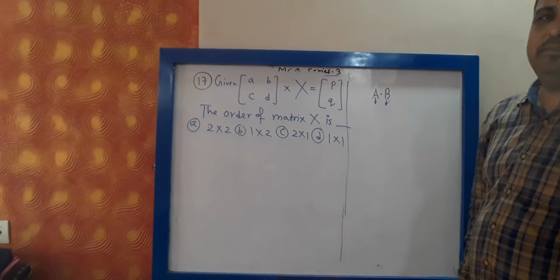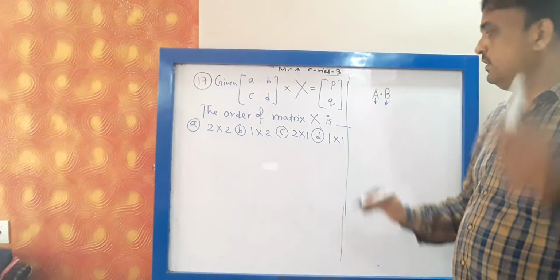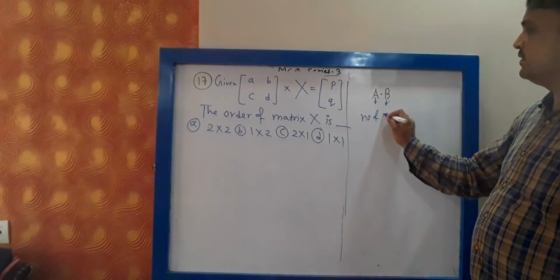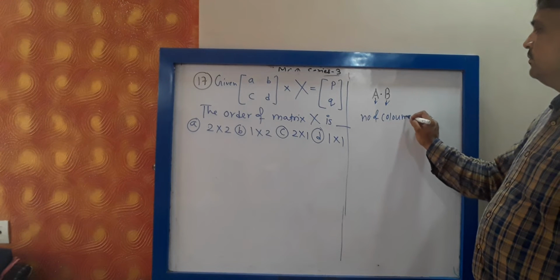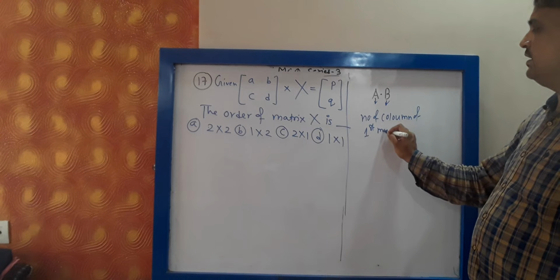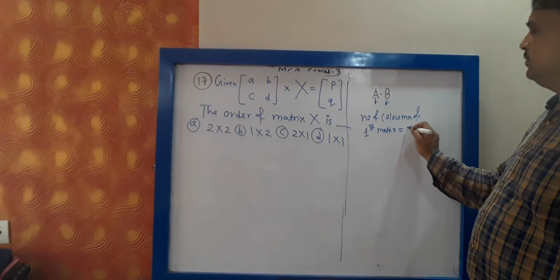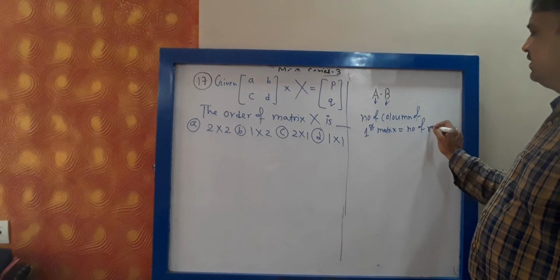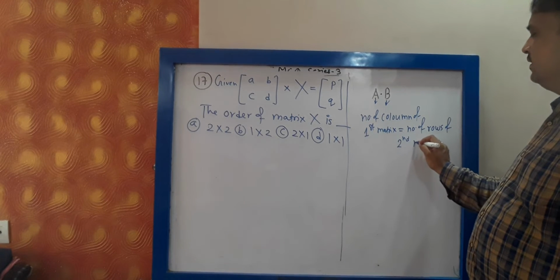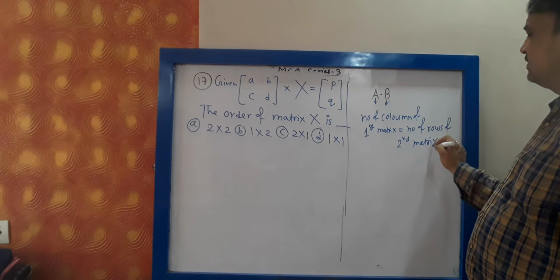So matrix multiplication is possible only when the number of columns of the first matrix is equal to the number of rows of the second matrix.